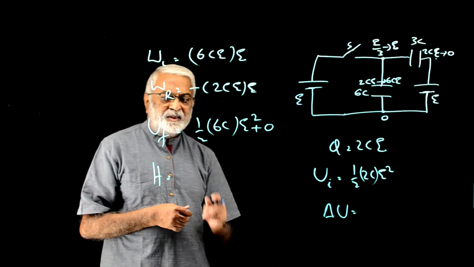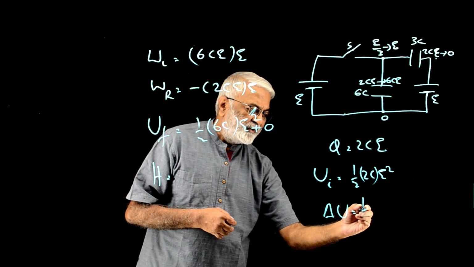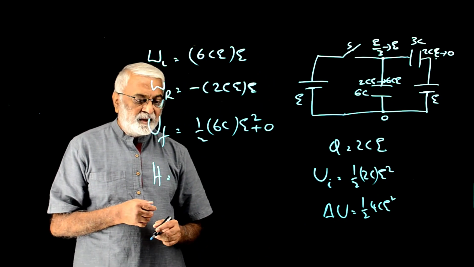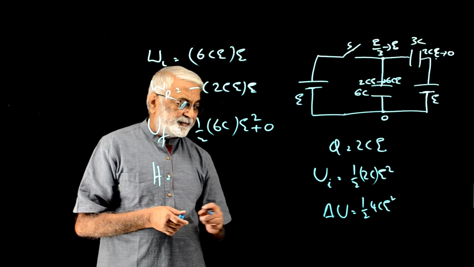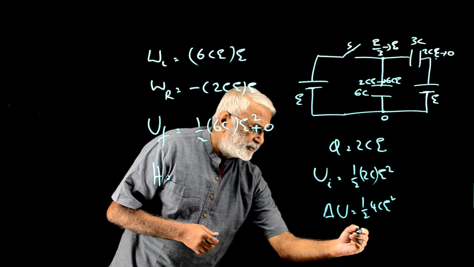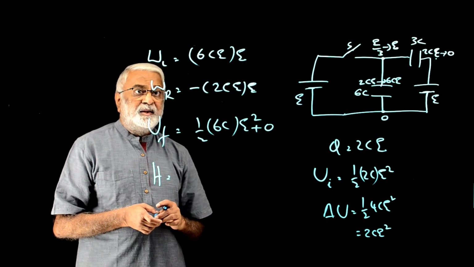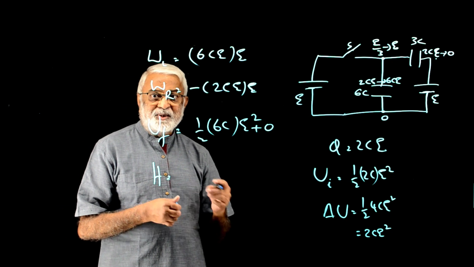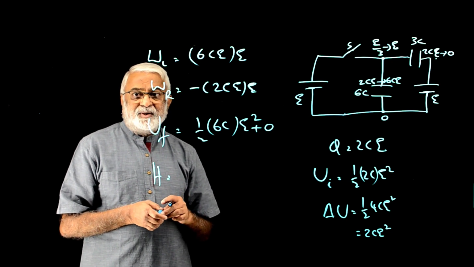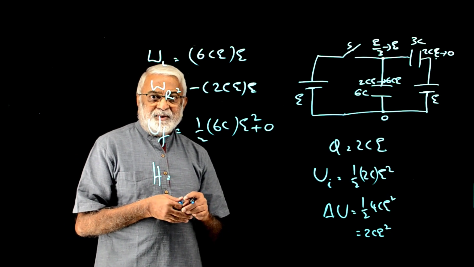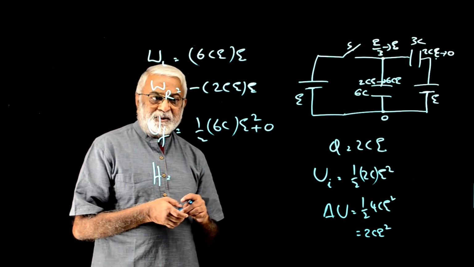So this is the delta U of the system. Delta U is final minus initial, half 4C into E squared. That's 2C squared. And heat evolved, the potential energy must have increased by an amount equal to work done, but something is lost there. So all the work done will not be equal to potential energy increase.